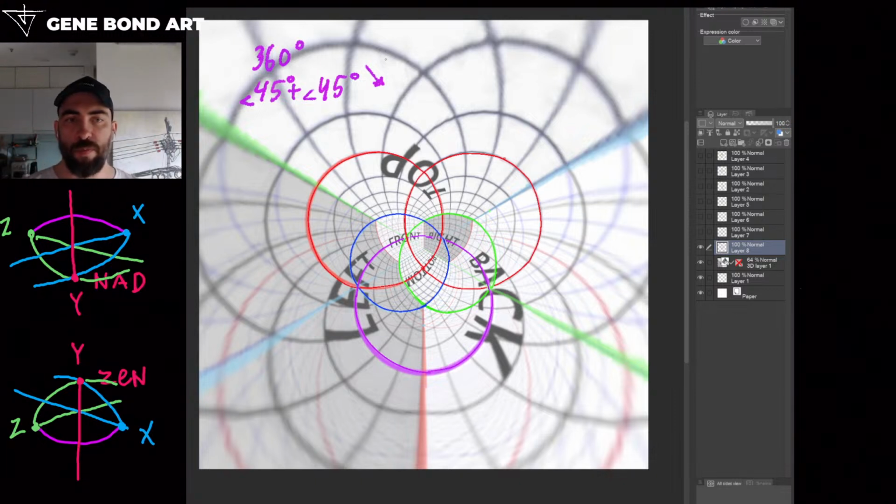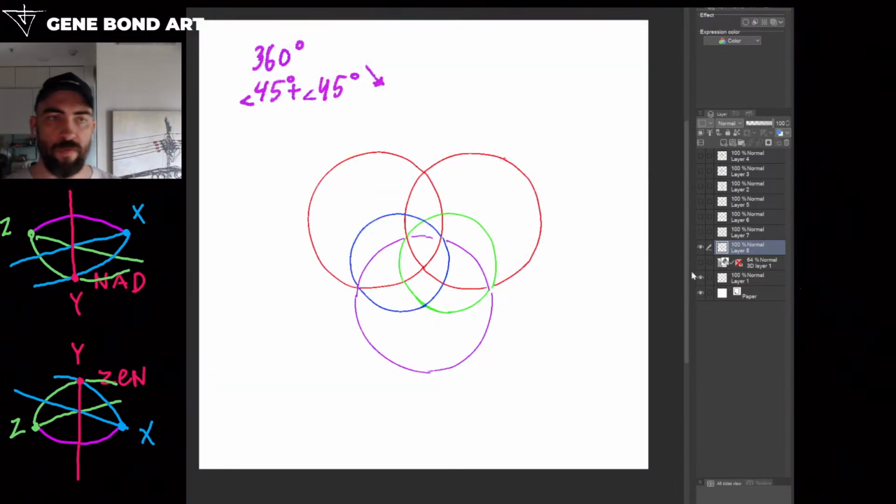So the same pattern we will have when we look not down but up. So you just mirror it, flip this grid. So yeah, this is very interesting.